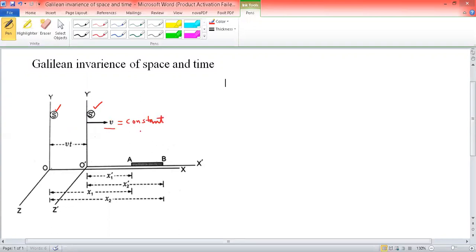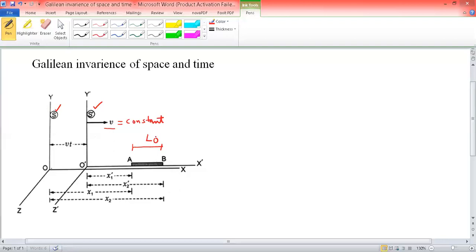You can also see an object AB lying in frame S prime. The length of this object is, say, L naught. Now, please note that the object or the rod AB, of length L naught, remains at rest with respect to the frame S prime.